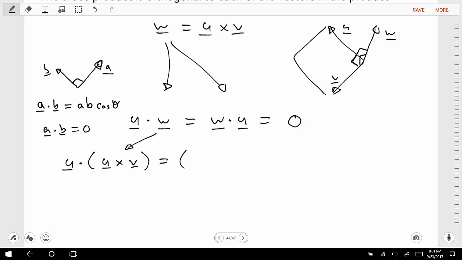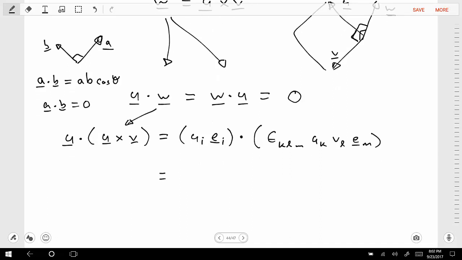Well, let's go ahead and break it down to the components. So we know the u vector is the u_i components times the base vectors with i, and we're doing a dot product here. And let's introduce our permutation tensor and reorder this. Let's lead with our permutation tensor, giving it indices k, l, and m, where u is k, v has indices l, and our base vector has the indices m.